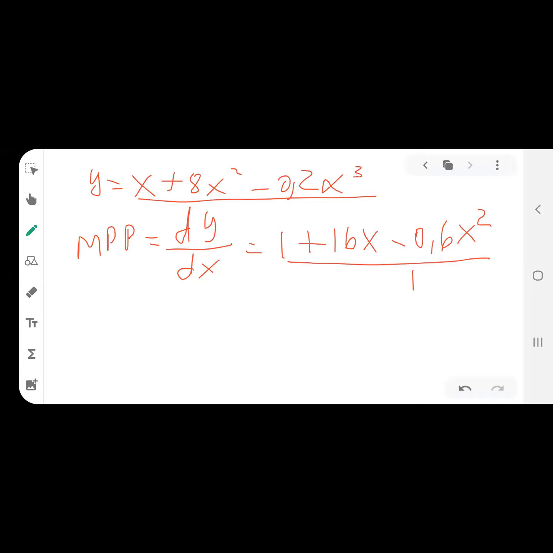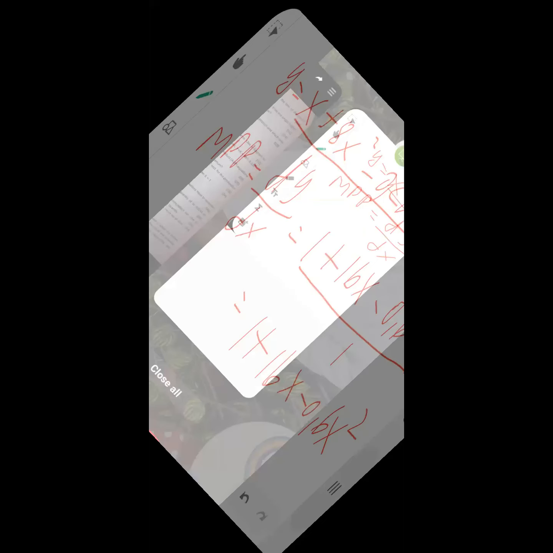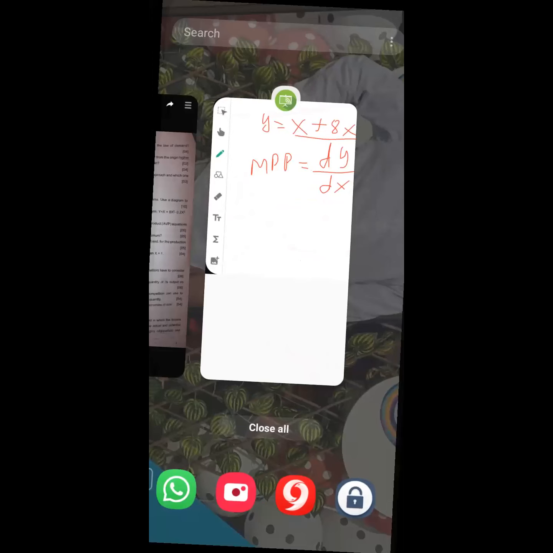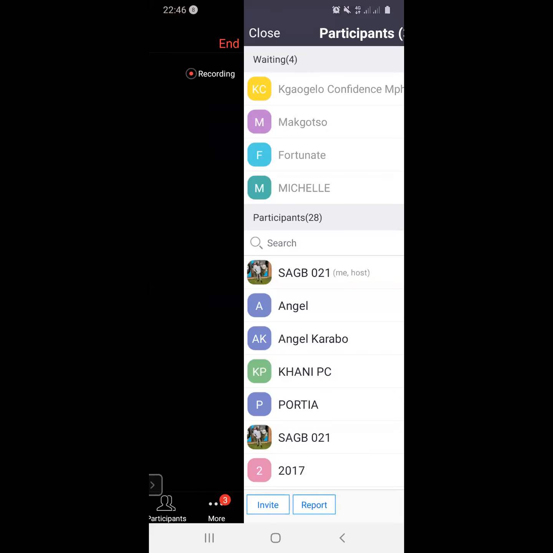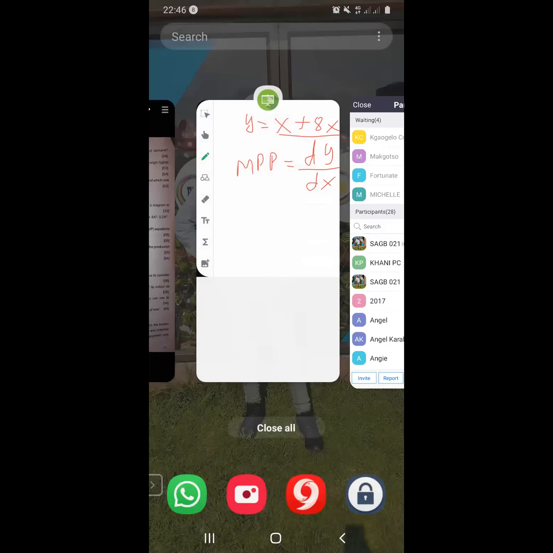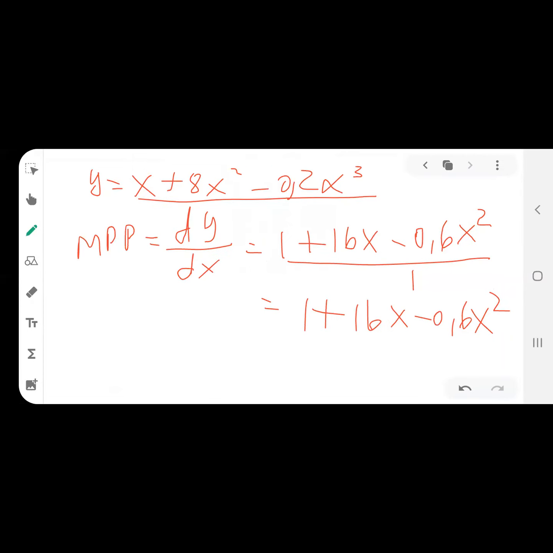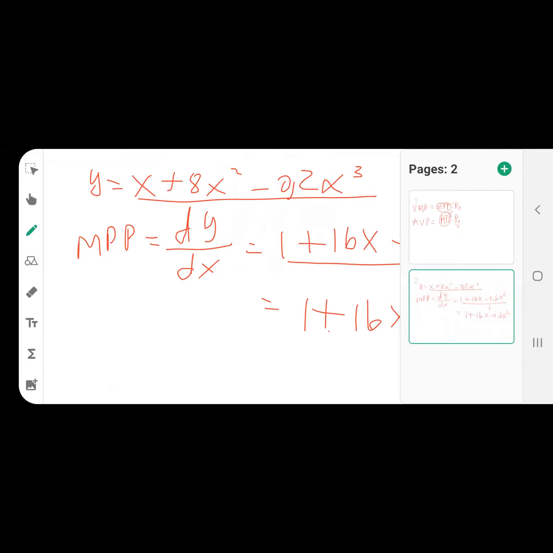So we divide it by 1, which will still give us the same outcome. Do you all understand how to derive the MPP? Yes, ma'am. Okay, thank you. This is your MPP. You'll get a mark for deriving the MPP.